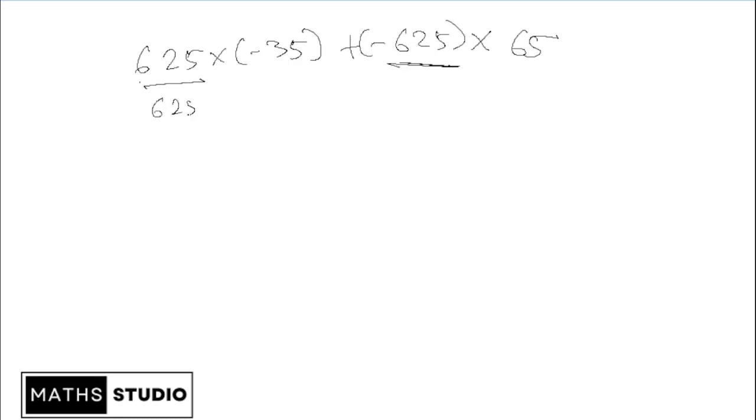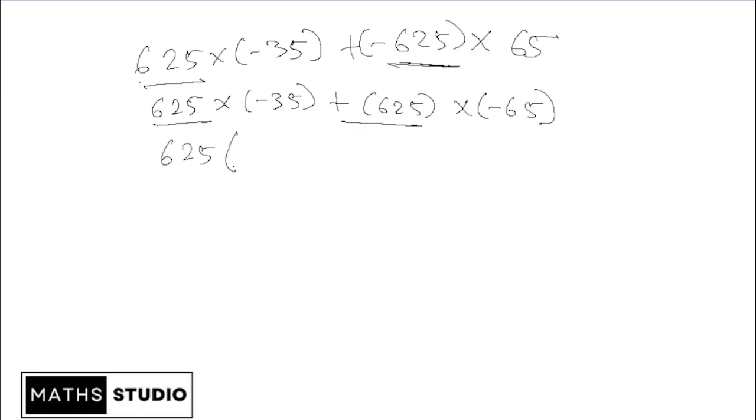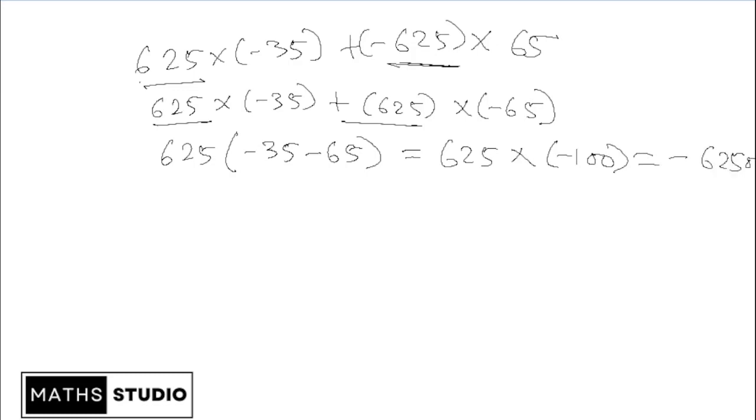So we can write it as 625 into minus 35 plus 625 into minus 65. 625 is common in both of them, so we can write 625 within bracket minus 35 minus 65. So this becomes 625 into minus 100. So overall result is minus 62500.